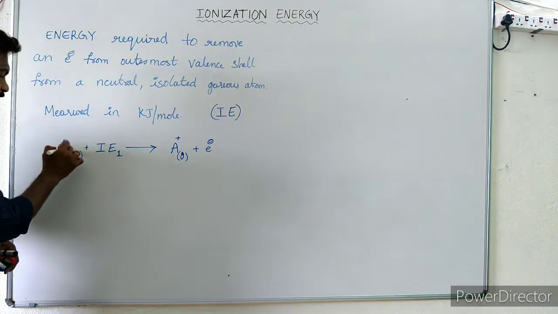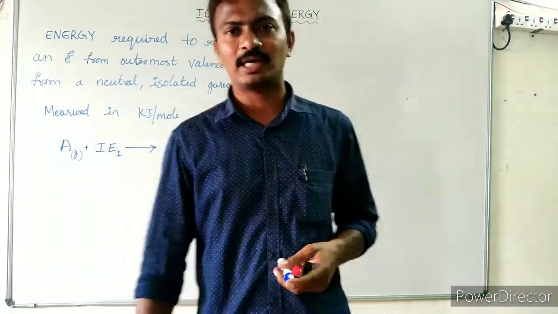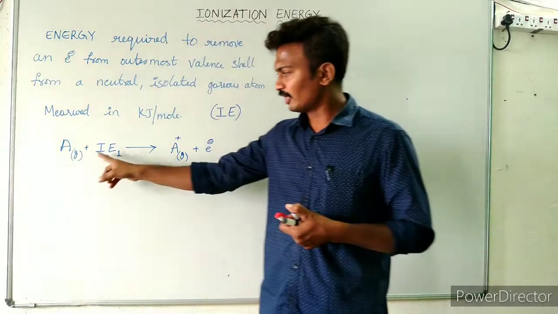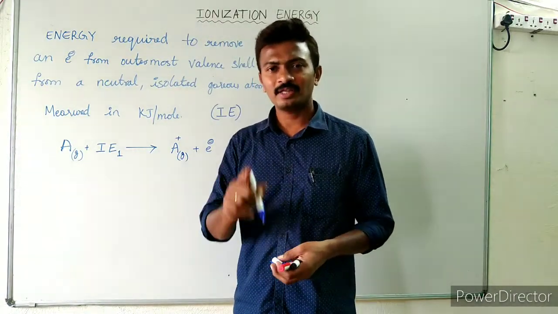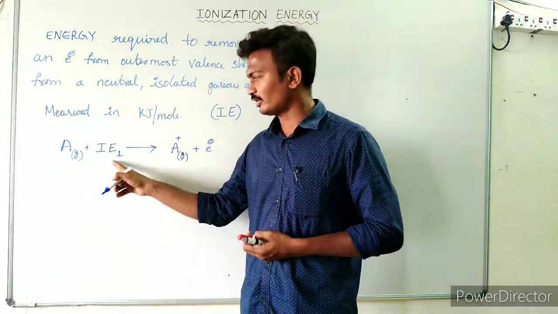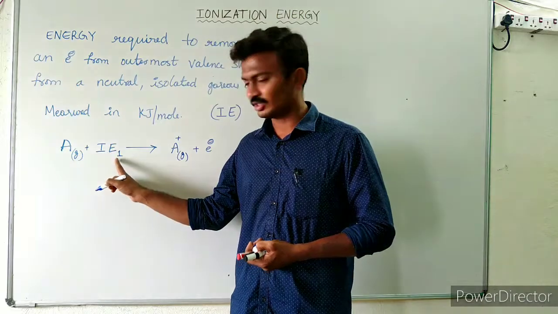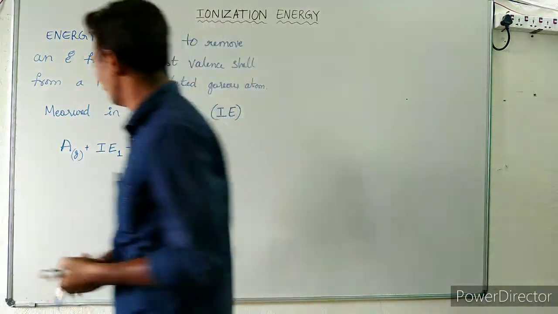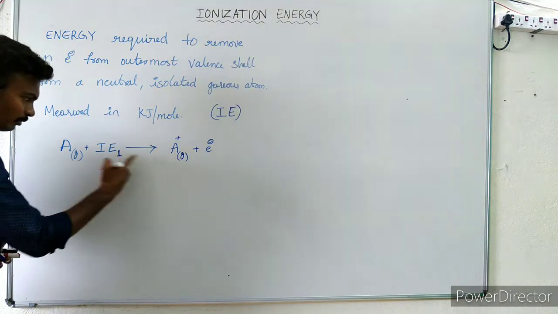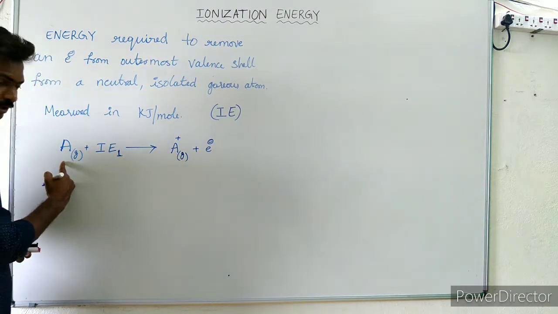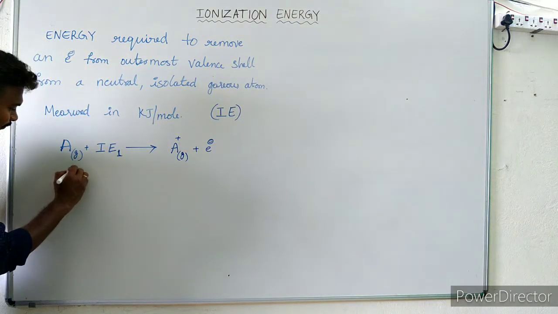This is a neutral atom. If we remove an electron from a neutral gaseous atom, then the energy required is known as first ionization energy. That is the reason we put 1 here. After removing an electron, the neutral species gets converted into a cationic species.